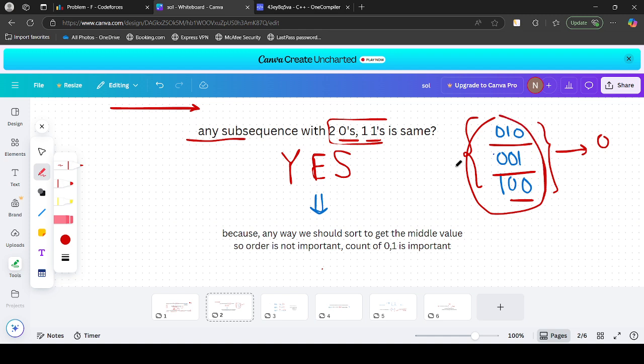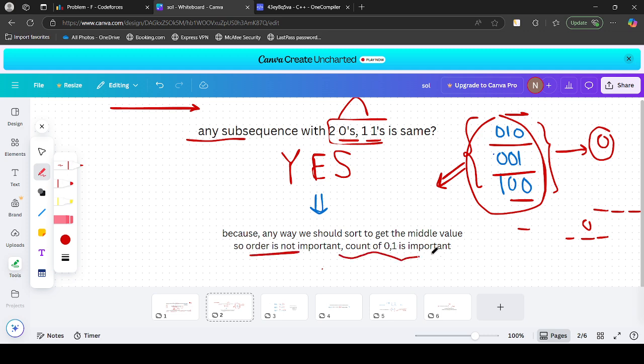These all are the same, because to find the median we have to sort the array and find the middle one. Irrespective of the subsequence, the median of all these three is 0. As zeros are more than ones, the middle value will always be 0 after sorting. So order is not important, only the count of 0s and 1s is important to find the median.